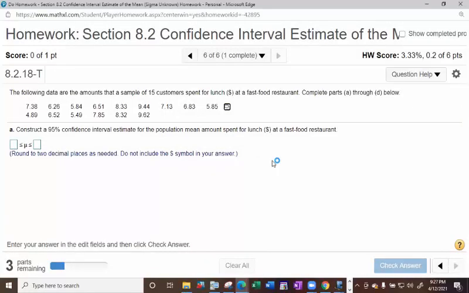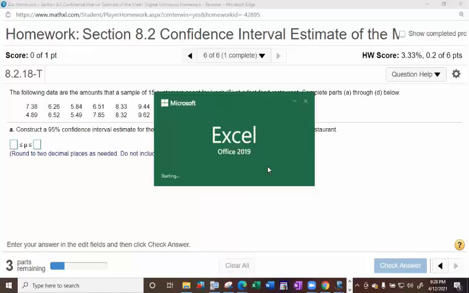So I'll just show you this way as an alternative. It'll be less typing if Excel will ever wake up here. Come on, Excel, you can do it. Come on, give it to me here. Jeez. Guess I should have already had it open.